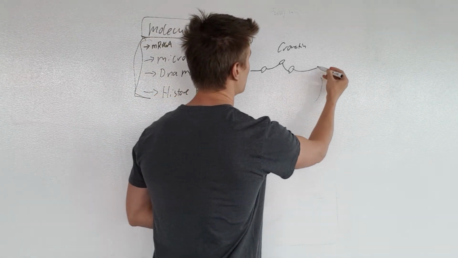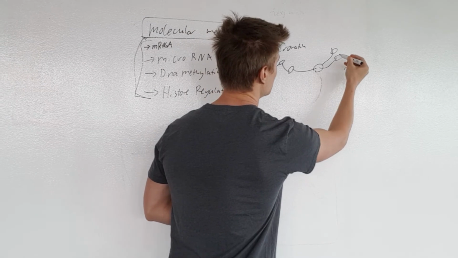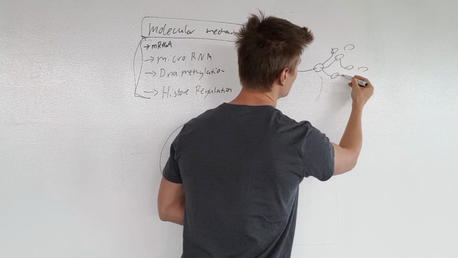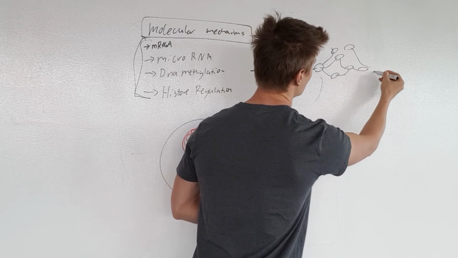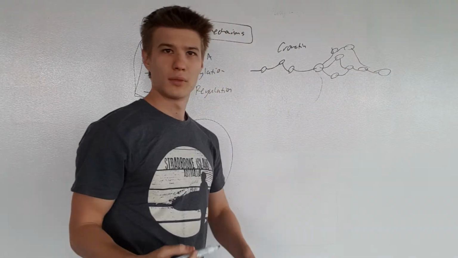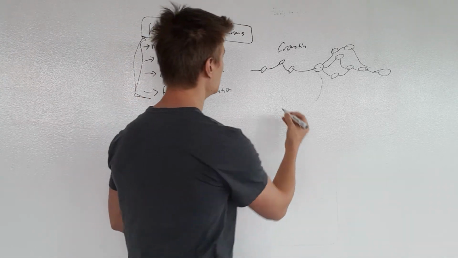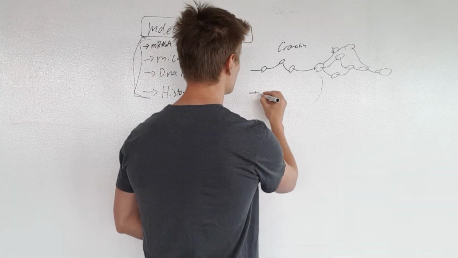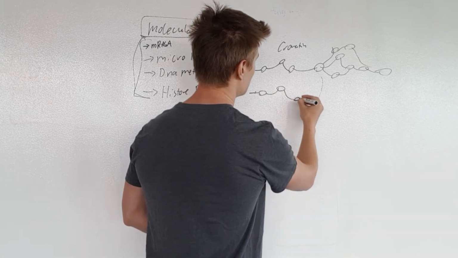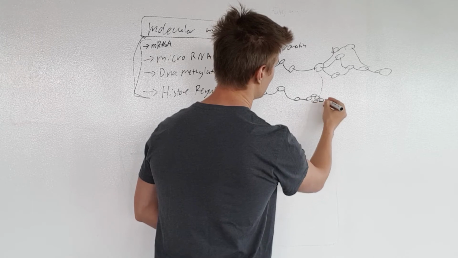So, let's draw an open chromatin structure. Right. It's going to look something like that. Then if we have a closed chromatin structure, some of the chromatins are still going to be nice and spread out, but others are going to be really on top of each other, right?